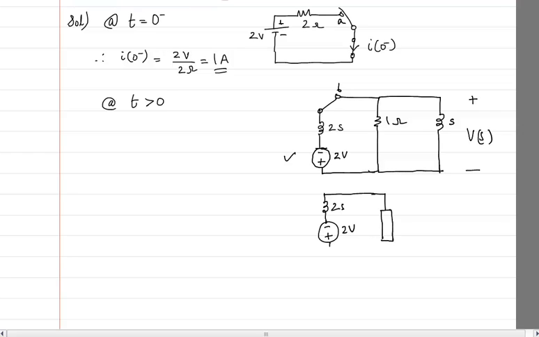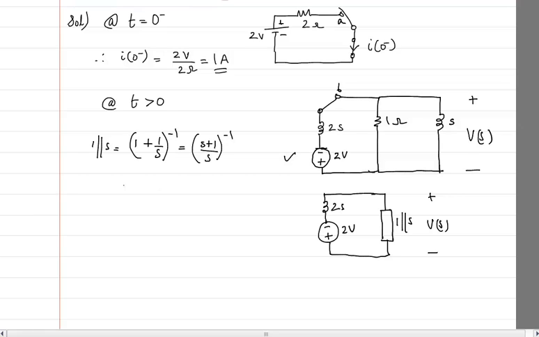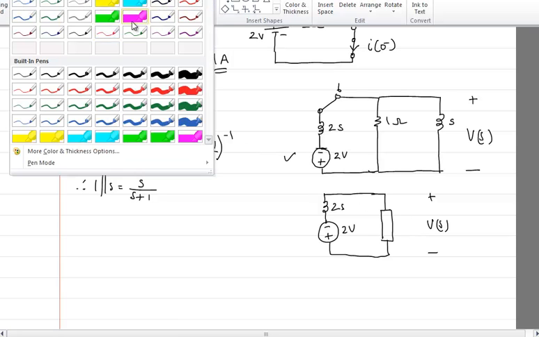It's going to be a parallel element, and the voltage is going to be plus minus V of S. So what is 1 parallel with S? 1 parallel with S is going to be 1 inverse, which is 1, plus S inverse, which is 1 by S, the whole inverse, which comes out to be S plus 1 by S, the whole inverse. Therefore, 1 parallel with S is going to be S divided by S plus 1. So instead of writing 1 parallel with S, I will write here S divided by S plus 1.